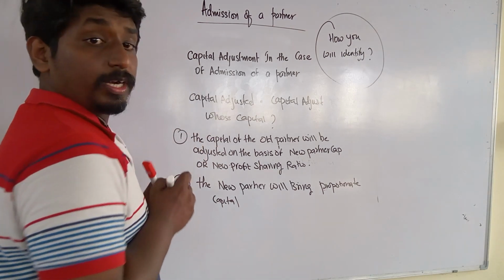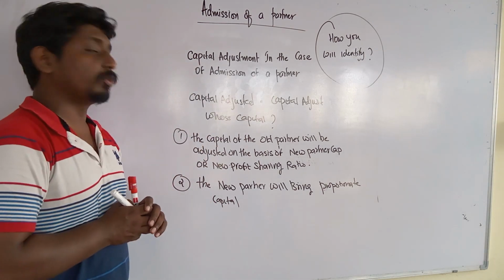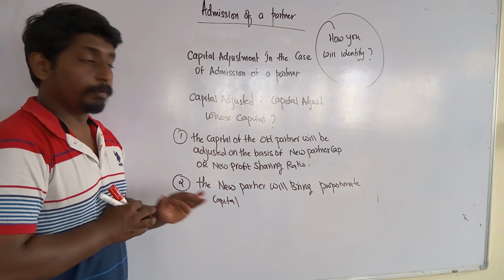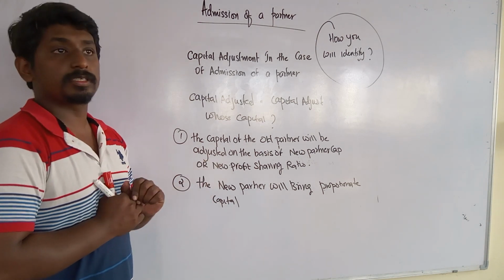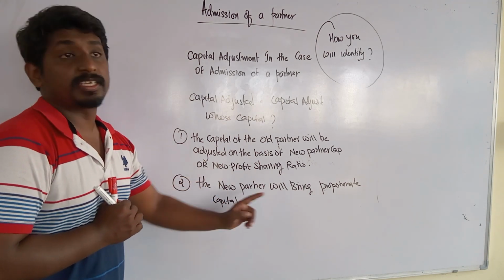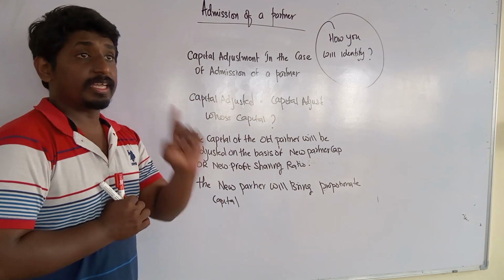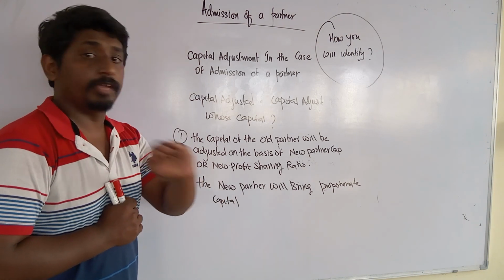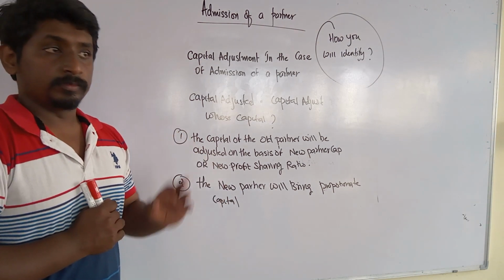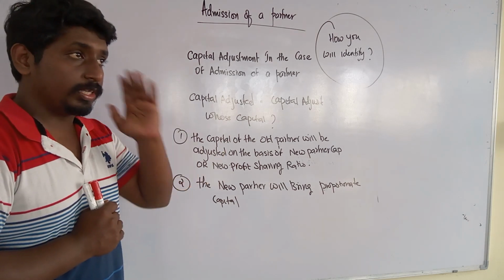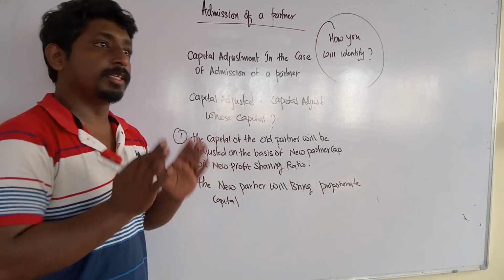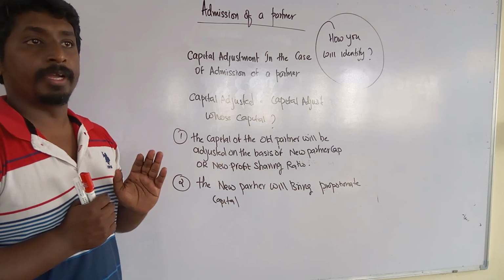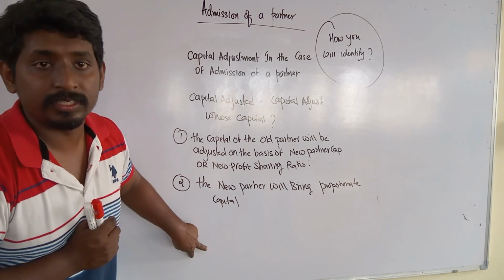That means the new partner will bring proportionate capital. In this second case, the capital of the new partner will not be given in the question. The moment you see a problem and see that the new partner's capital is not given, always have a doubt in your mind. It might be the second case of capital adjustment.